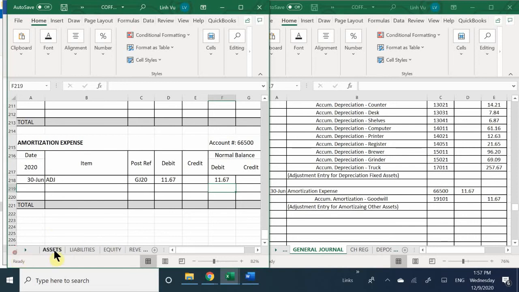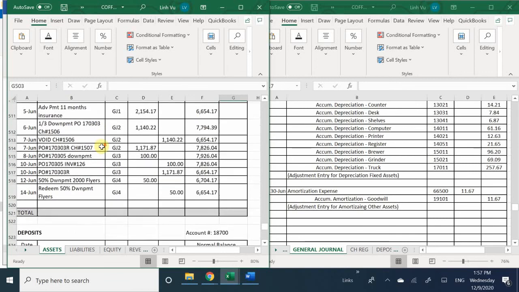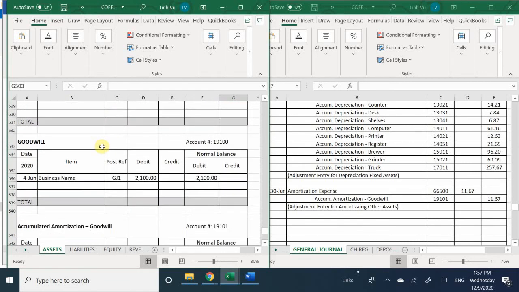So again, now we have to go back to our assets for the goodwill.